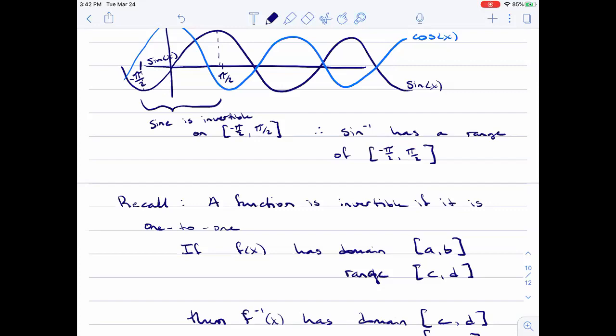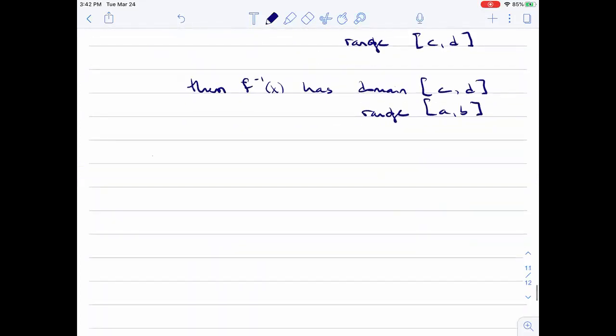Let's see here. So the sine inverse of x, if it's y, then what we know is that we can rewrite that as the sine of y equals x.